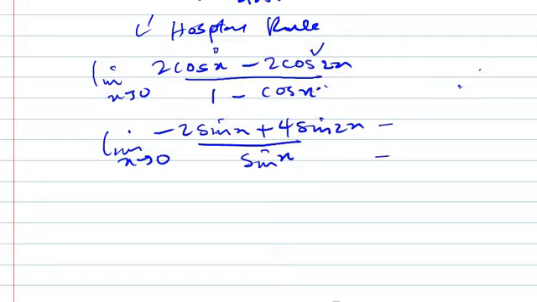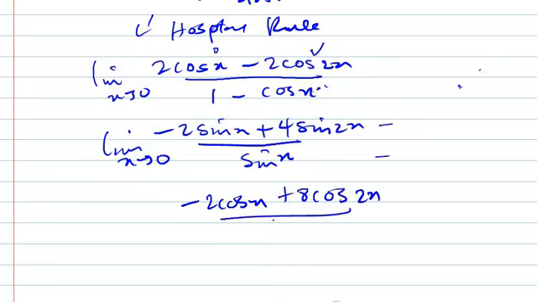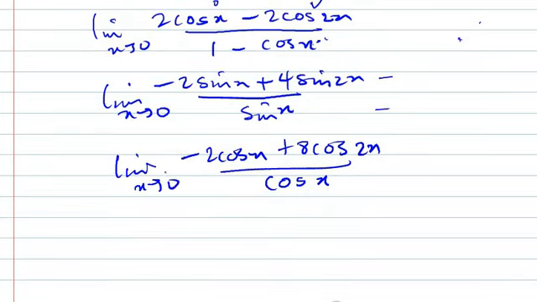The derivative of sine we know is cos, so we have minus 2 cos x, and then to differentiate this, 2 times 4 is plus 8 cos 2x, and the derivative of sine x is cos x. So our limit is as x goes to 0, so we substitute.